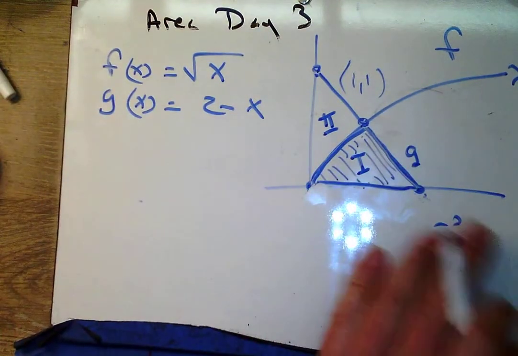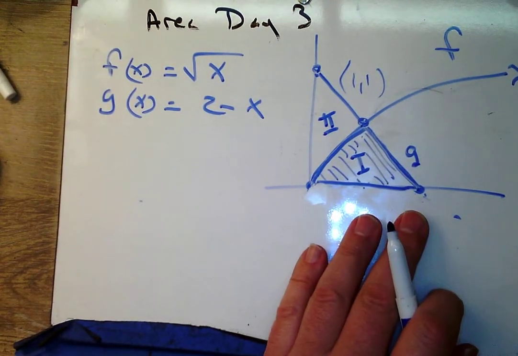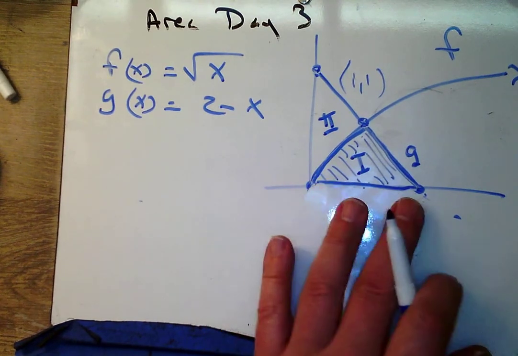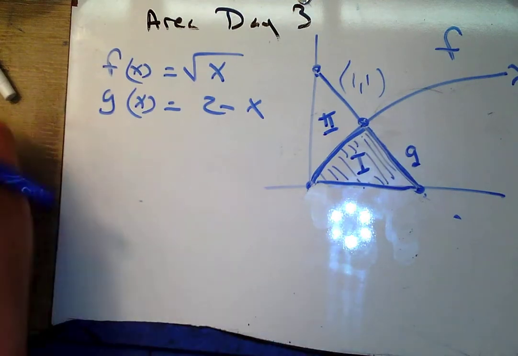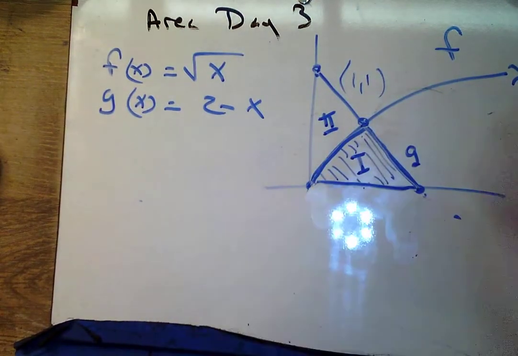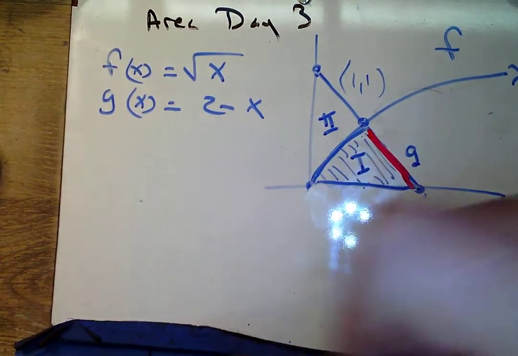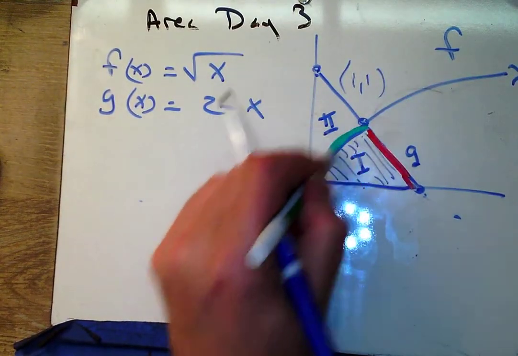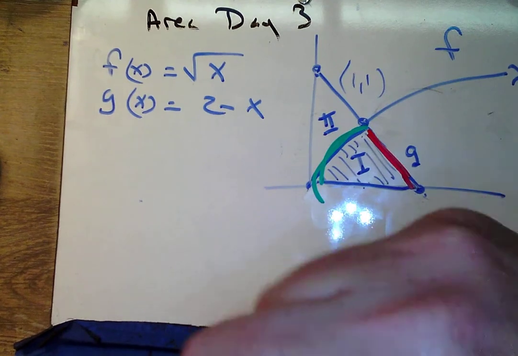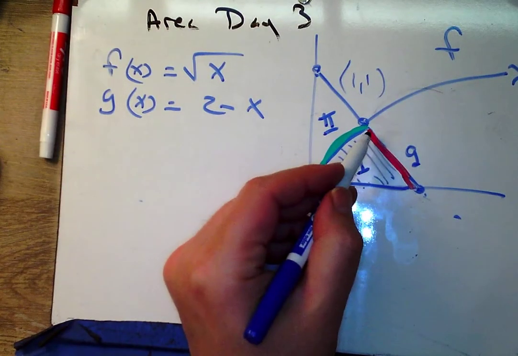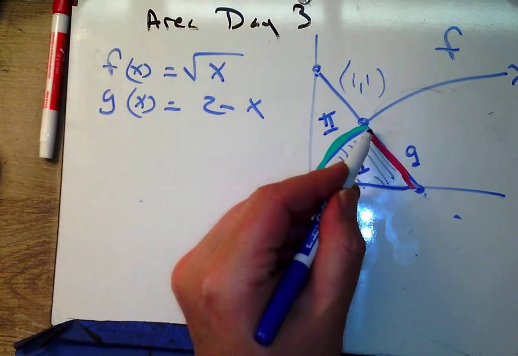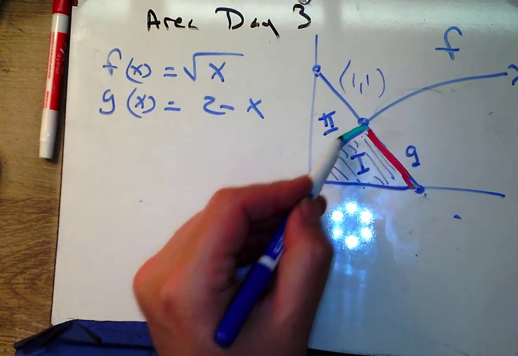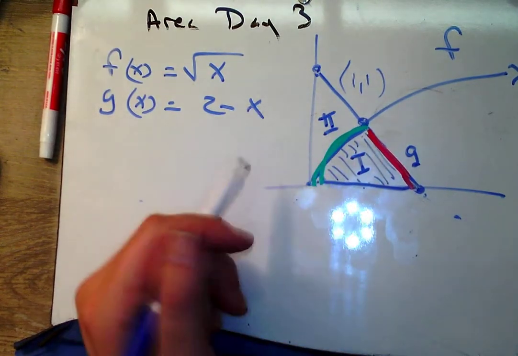However, you also could set this up. Instead of using top minus bottom with two integrals, we could do right minus left. The thing about right minus left is the right thing is always the right thing, and the left thing is always the left thing.